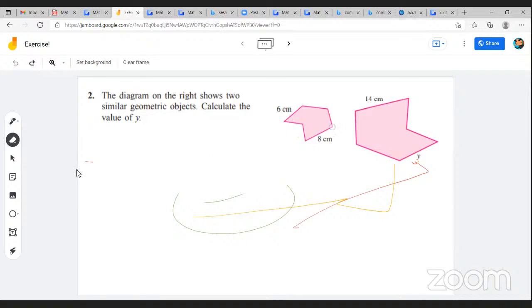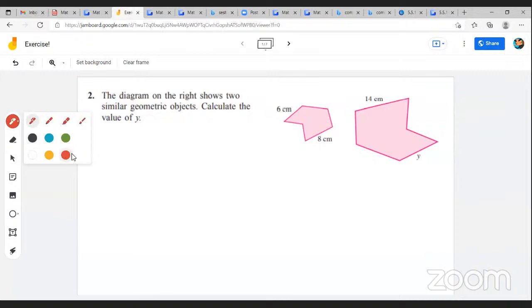The diagram on the right shows two similar geometric objects. Calculate the value of y. As we know, these two are similar based on the question itself. Essentially, this means that their shape is the same. It's just that their dimensions and their rotation might be different. Now we want to find which side y is congruent to.